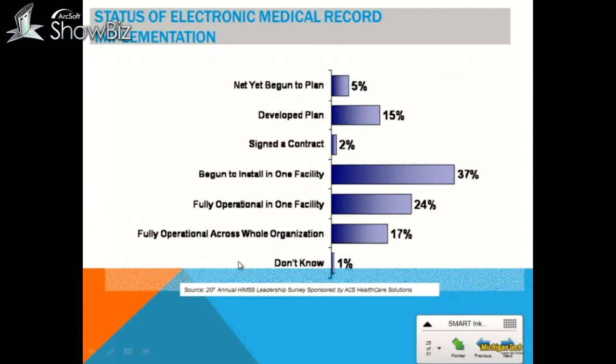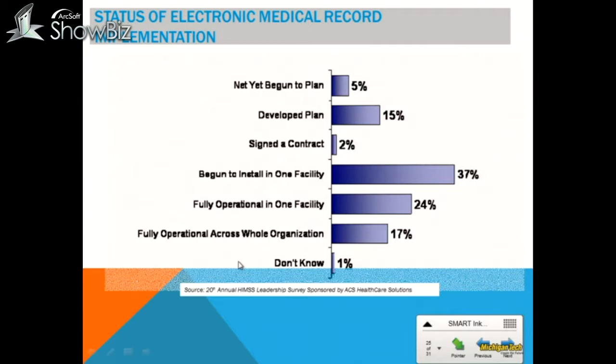However, perhaps this is a big task, because based on the 2009 survey of the adoption status of EMR implementation: 5% have not yet begun to plan, 50% have just developed a plan, 2% signed a contract, 37% began to install in one facility, 24% are fully operational in one facility, 17% are fully operational across the whole organization, and even some people don't know.